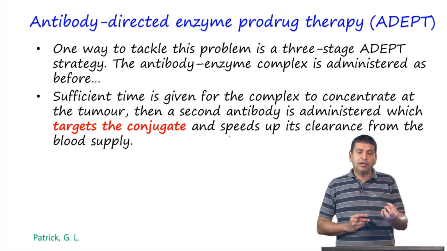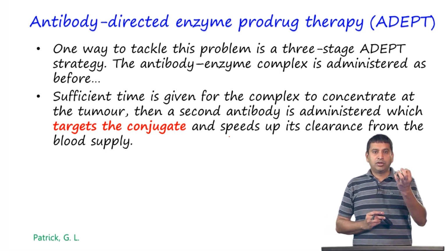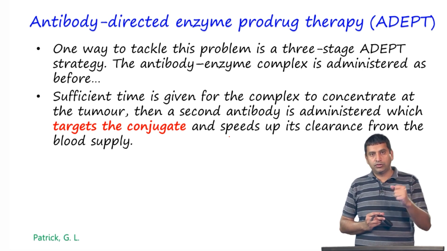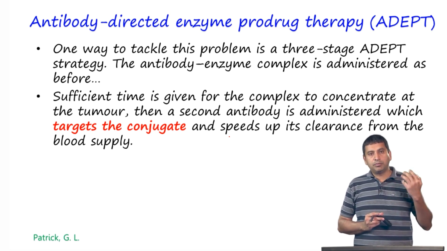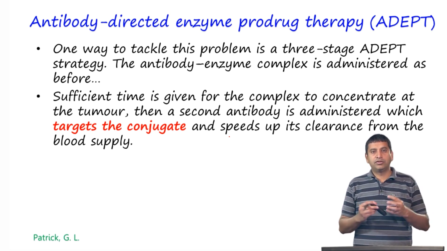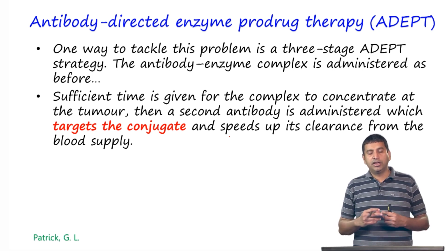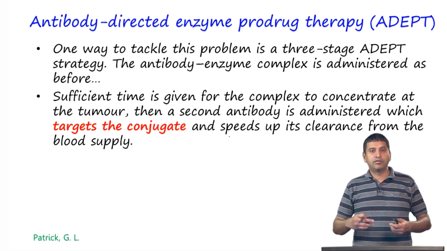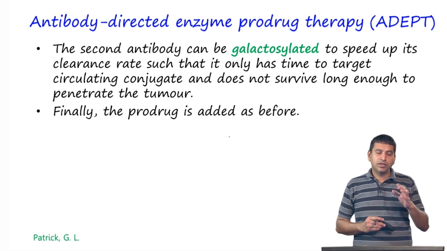This antibody is raised to target the original conjugate that we have used. So, this speeds up the clearance from the blood. Once this second antibody comes in, it is going to conjugate to this, and that is cleared from the blood supply. The second antibody can be galactosylated.